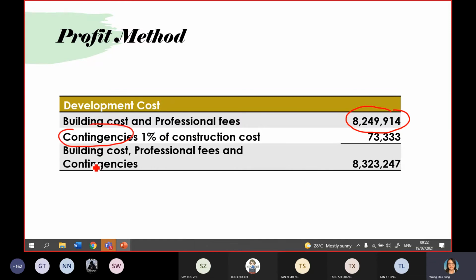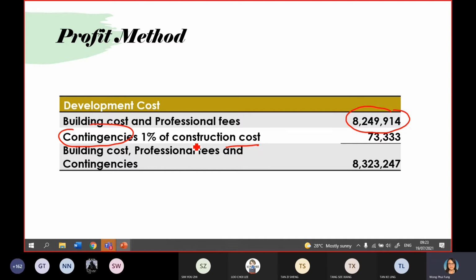So you know that contingency is where you allocate a certain percentage from the construction cost. Normally this is to cover unforeseen events, to cover unexpected costs in the future. Because at the very beginning, as I mentioned, you do not have any drawing, so definitely your cost should not be very accurate.